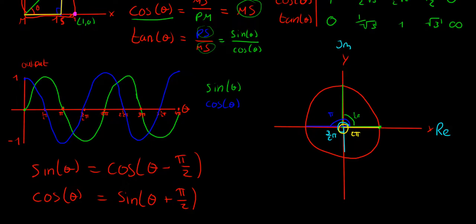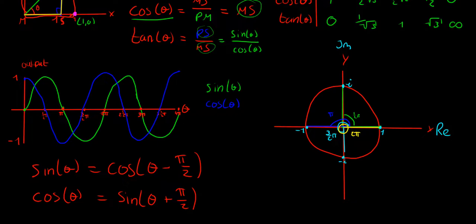Our x value here is still 1, but our y value isn't 1 here, it's actually i. And then it goes down again to -1, and at the bottom here it is -i. Nothing else changes, it's just that the sine represents the imaginary value and the cosine represents the real value.